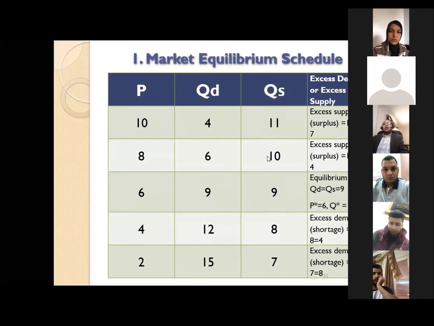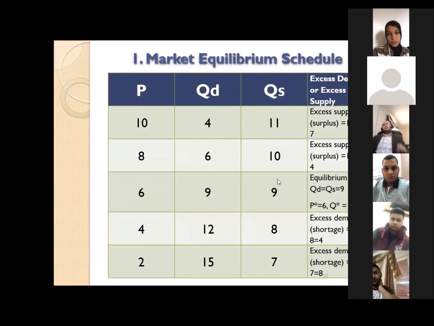So what will happen in this case? At this high price, consumers just need 6, but producers produce 10. So what we have on the market in this case is a surplus. That means we have overproduction, more than the market needs. So again, this is not a good case.